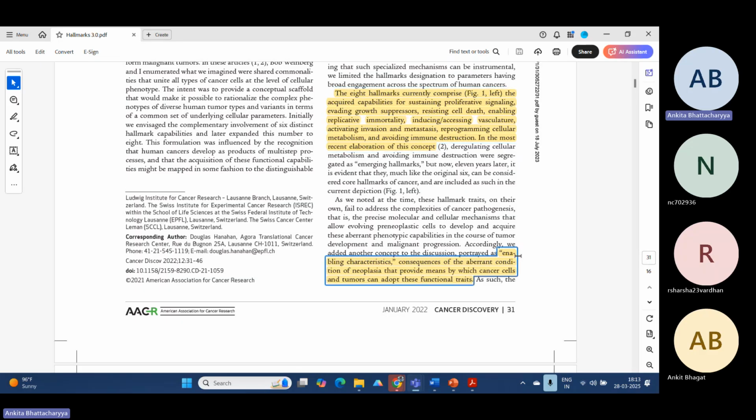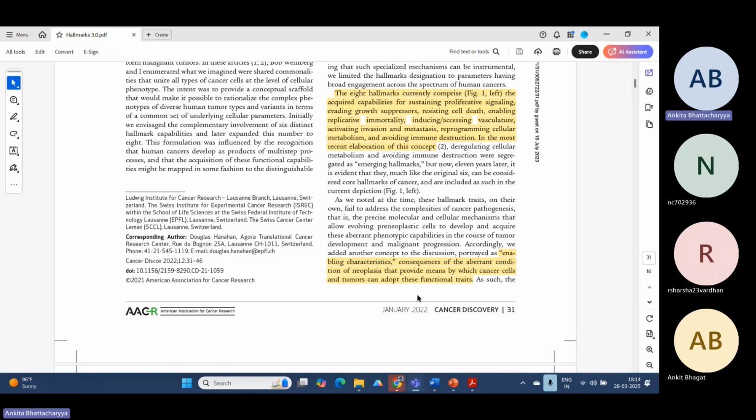But what they had introduced in this third paper was the idea of enabling characteristics, which are consequences of aberrant conditions of neoplasia that provide the means by which cancer cells and tumors can adopt these functional traits. What does all that jargon mean? Basically, what they explained was that while the core hallmarks that we talked about, take for example, sustained proliferative signaling, by itself is a capability which is considered to be transformative in nature, right?